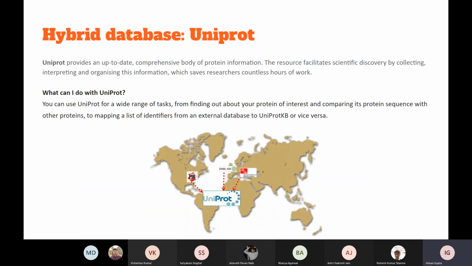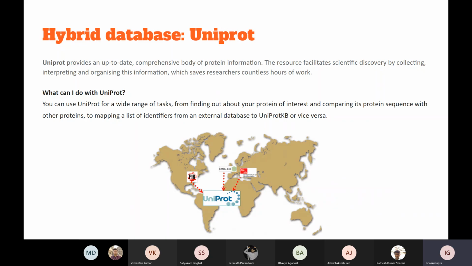Okay, so now I'm going to go to another database, which is a hybrid database. This example is UniProt, and why it's important. UniProt keeps an up-to-date comprehensive body of protein information. The previous one was a secondary database which was specifically centered around organisms and their genomes. UniProt is specifically centered around proteins and protein information.